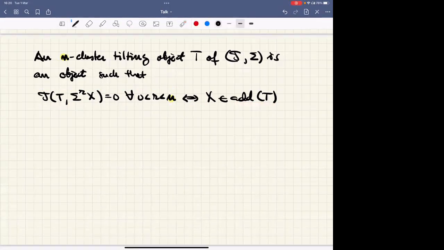Okay, the additive completion. And also if and only if the dual property holds.